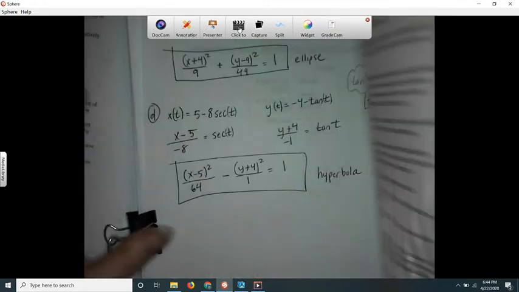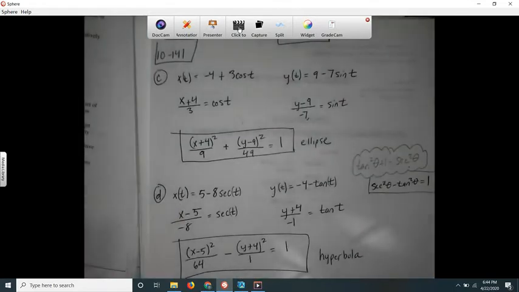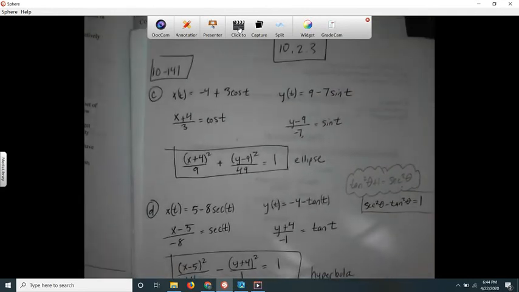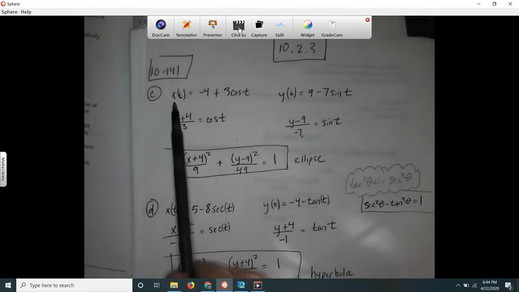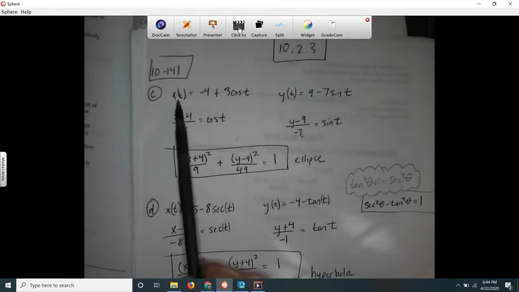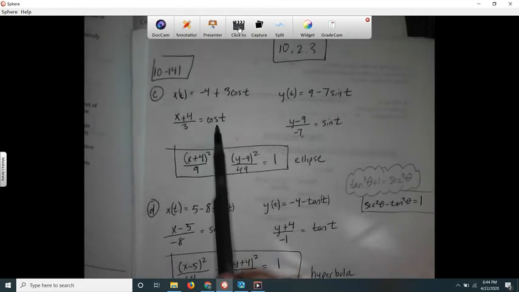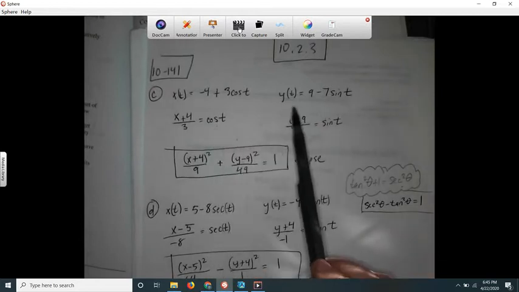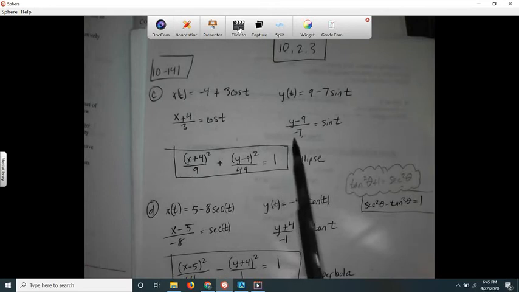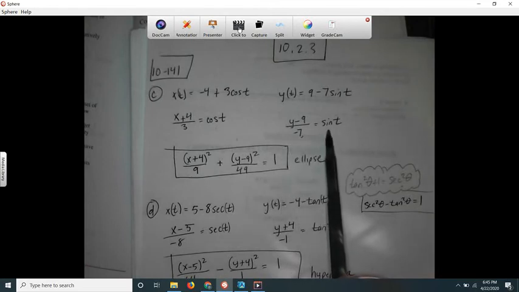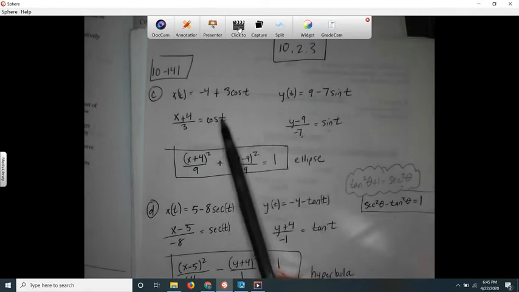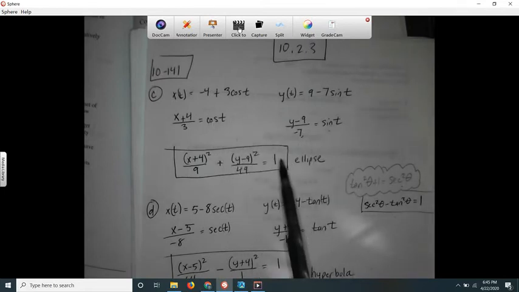And then we're going to do letter C. You turn this into an x, add 4, and divide by 3 to get cosine t by itself. And this one, turn it into a y, subtract 9, and divide by negative 7 to get sine t by itself. Then you use your Pythagorean identity that says cosine squared theta plus sine squared theta equals 1.